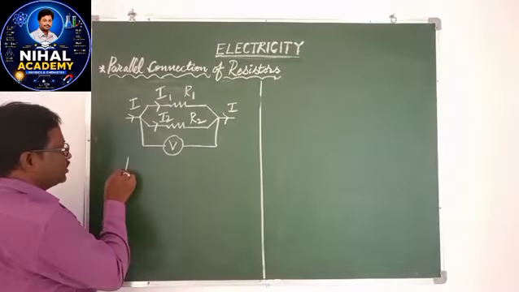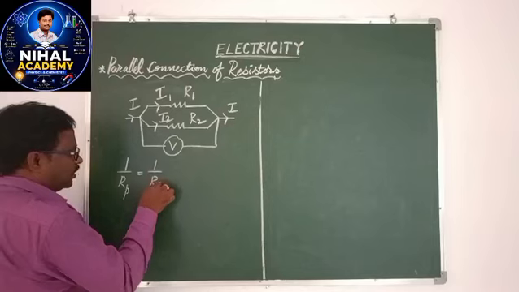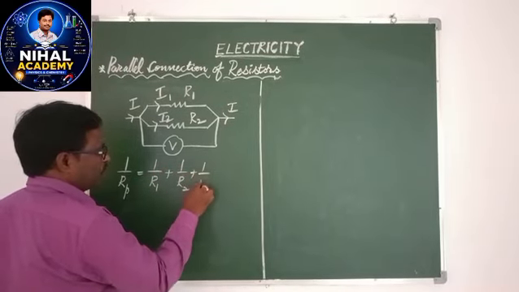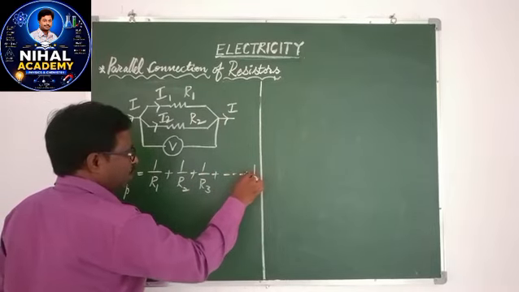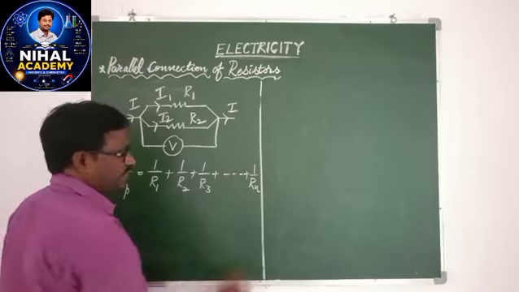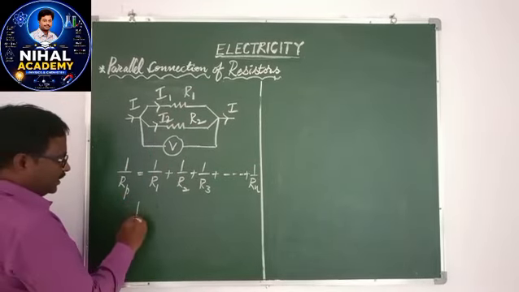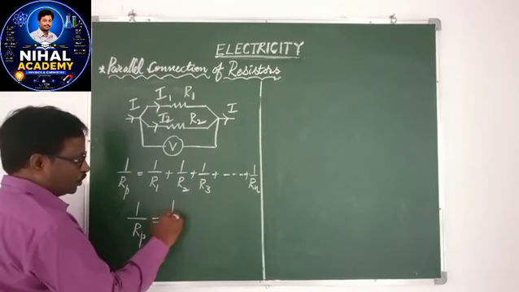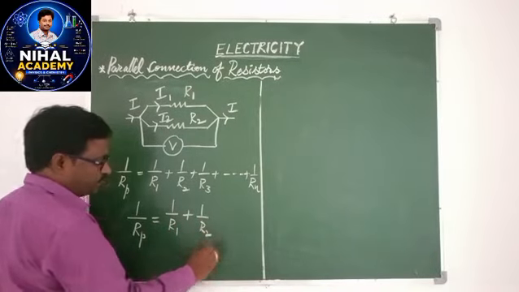The formula is 1 by Rp is equal to 1 by R1 plus 1 by R2 plus 1 by R3 plus so on plus 1 by Rn. Here we have taken two resistors, so we can write the resultant resistance as 1 by Rp is equal to 1 by R1 plus 1 by R2.